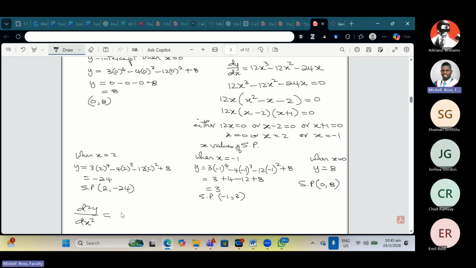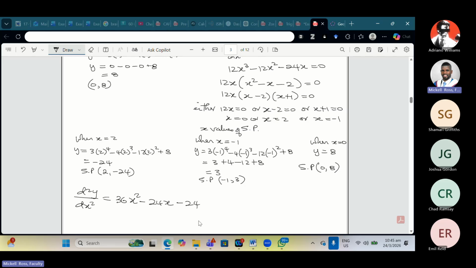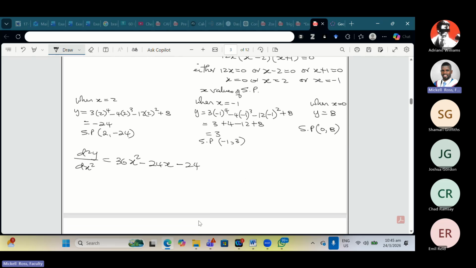This is going to be equal to 36x squared minus 24x minus 24. This is going to be our second derivative. And all we need to do is to substitute in the points when x is 2, when x is negative 1, when x is 0.